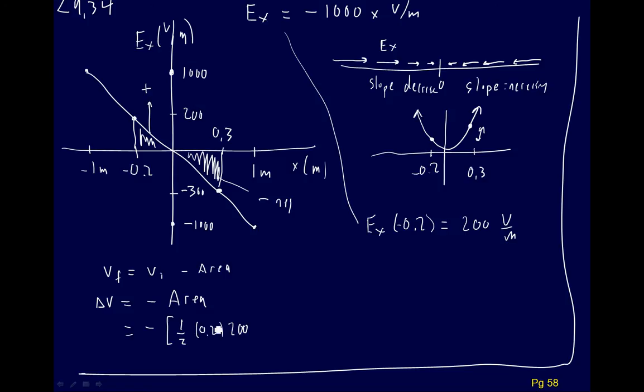I should be careful: there's meters in here and volts per meter in here, so those cancel to give you volts. Then negative 1/2 times 0.3 meters times 300 volts. Altogether, if you do this, it's negative 25 volts, again with the numbers that I was using, and when the negative sign cancels, I get positive 25 volts.